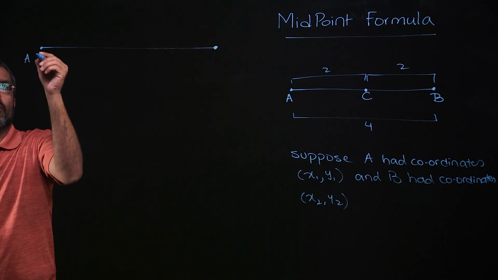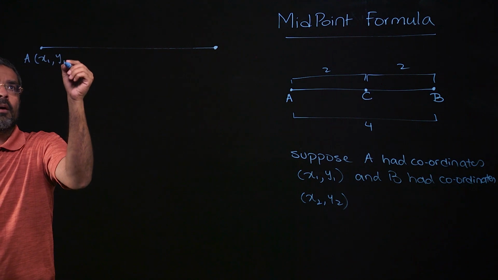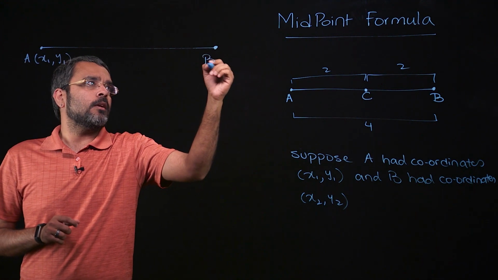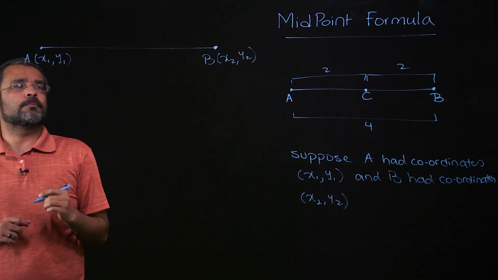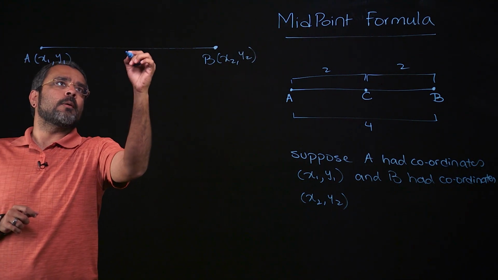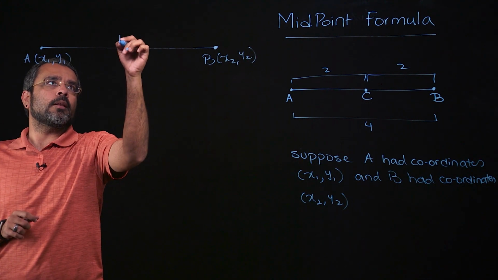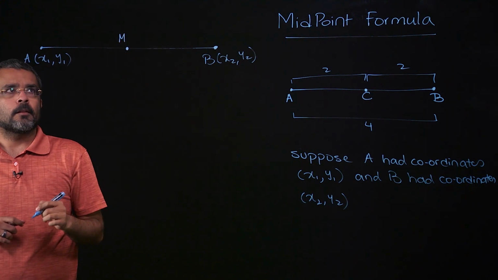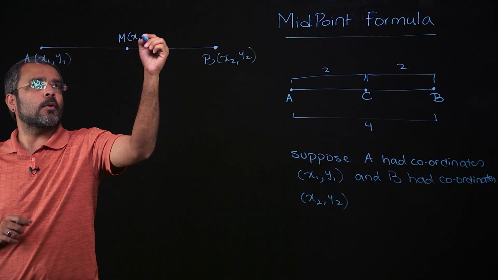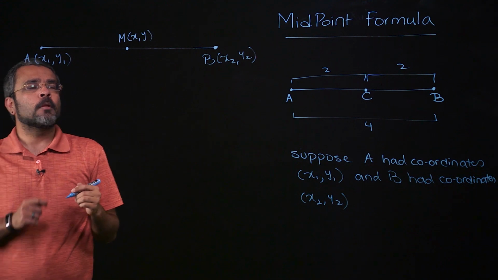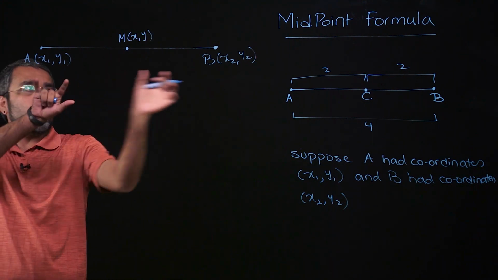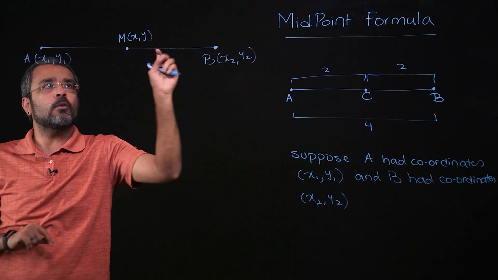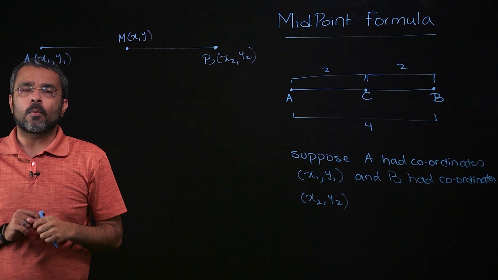This is A with coordinates x1, y1, and this is B with coordinates x2, y2. Suppose that M was my midpoint. It has coordinates we don't know, so we write some variables x and y here. The question is, if I know x1, y1, x2, y2, how can I figure out what x and y are?